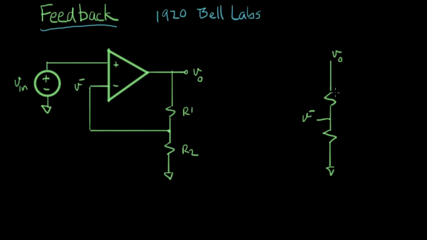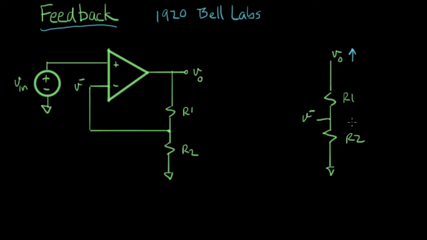We're going to start over here by isolating the voltage divider part of our circuit, so that's copied over here. Let's look at what happens if V out goes up. What happens to V minus in this case?